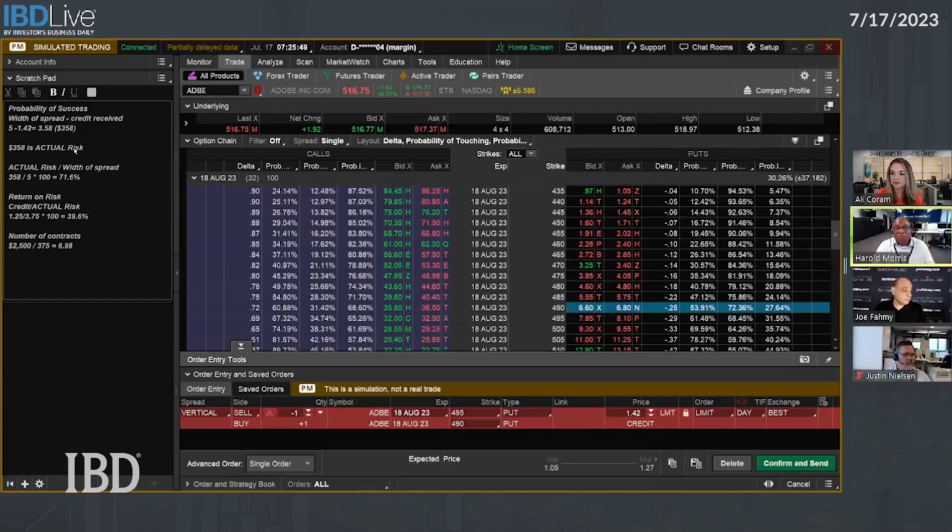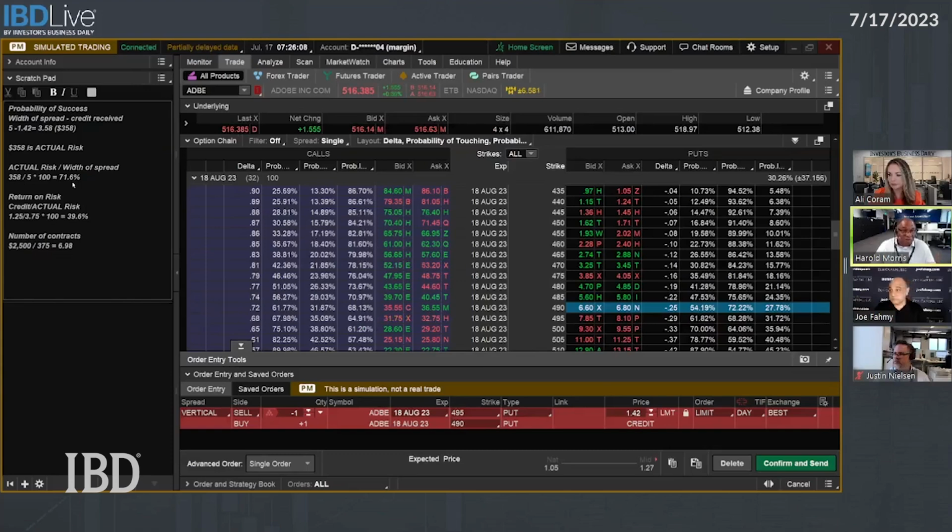Now, to determine the probability of success, we take the actual risk, which is that $358, divided by the width of the spread, which is the difference between our strikes, which is $5, and multiply by 100. That gives us a probability of success of 71.6%.